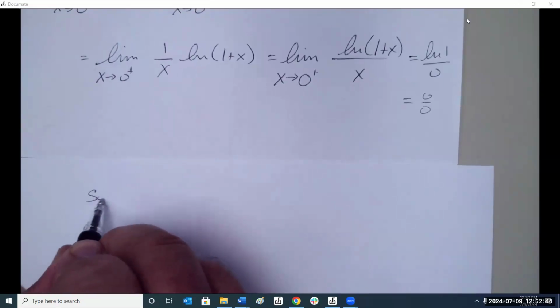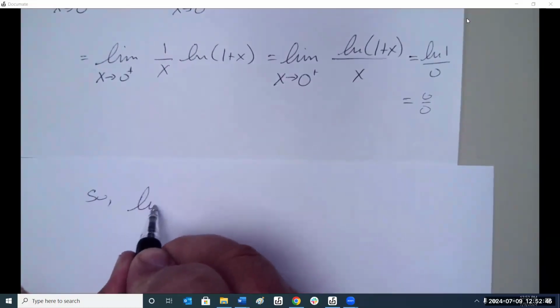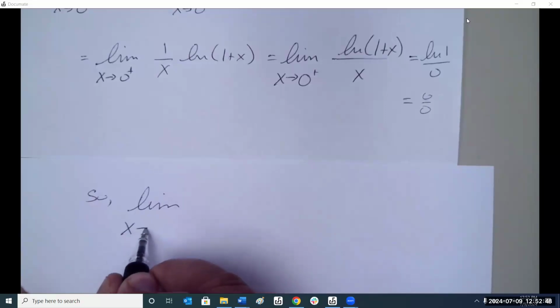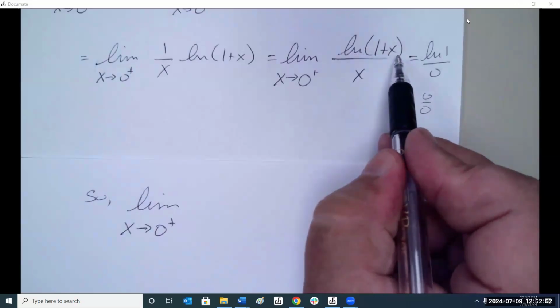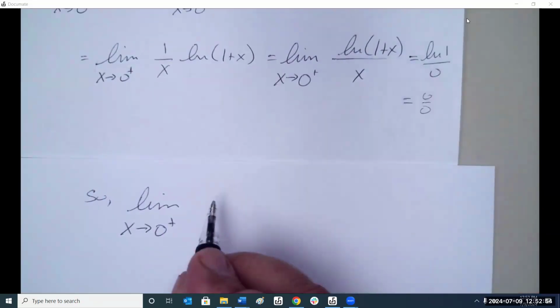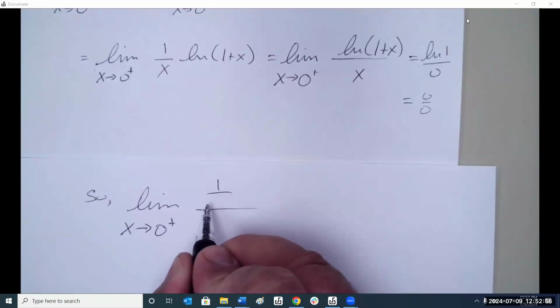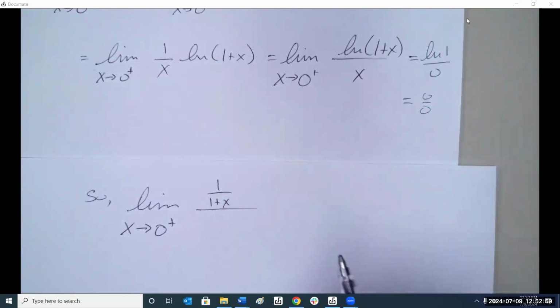So the limit as x approaches 0 from the right. What's the derivative of ln x? It's 1 over 1 plus x dx, which is just 1.